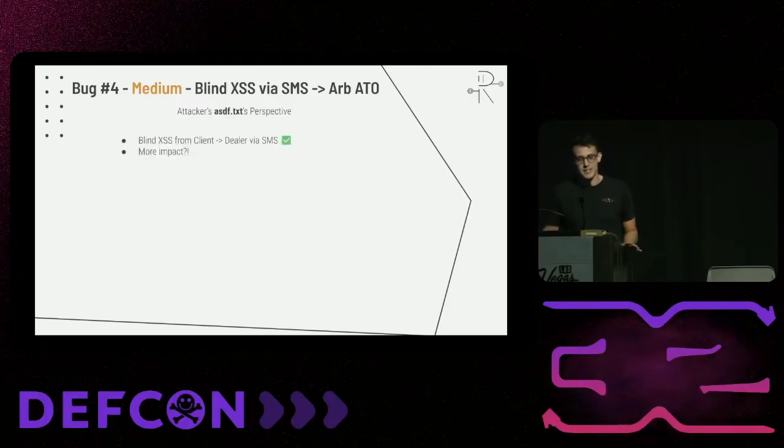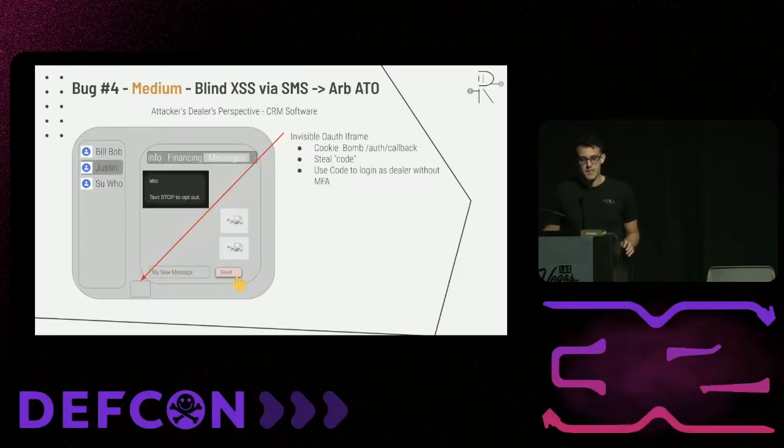So we've got blind XSS, but what can we do with it to get more impact? Well, the authorization flow for this application happened in an invisible iframe right near this interface. It would go through the OAuth flow on a different domain, and then call back with just a token. So what I did using the XSS is I cookie bombed that callback location so that the code wouldn't get consumed, and then I stole the code out of the iframe and exfiltrated that to the attacker server.